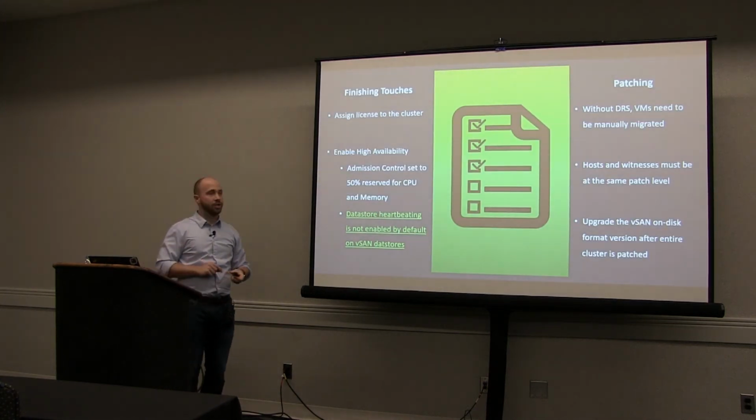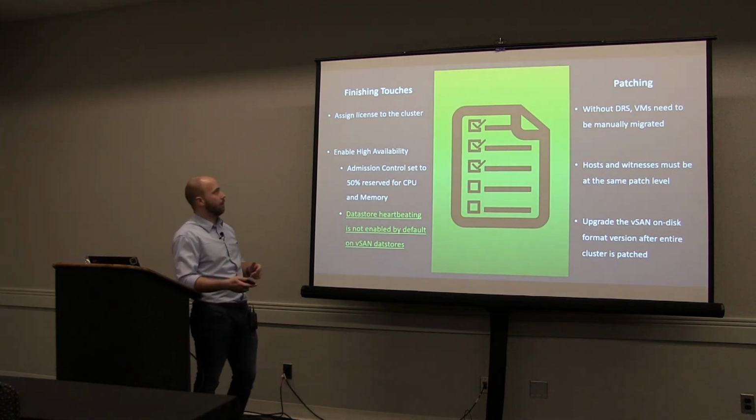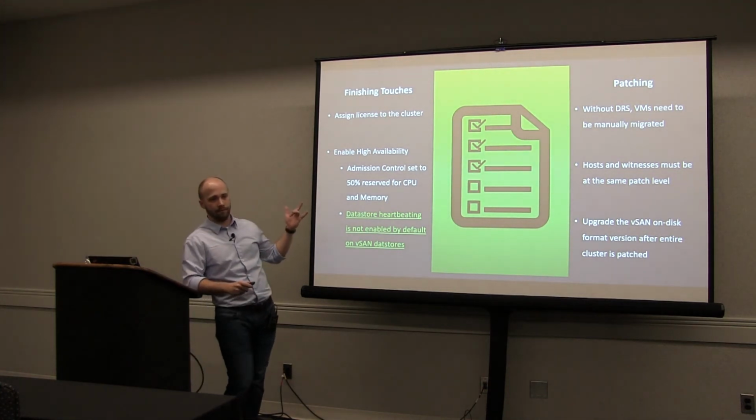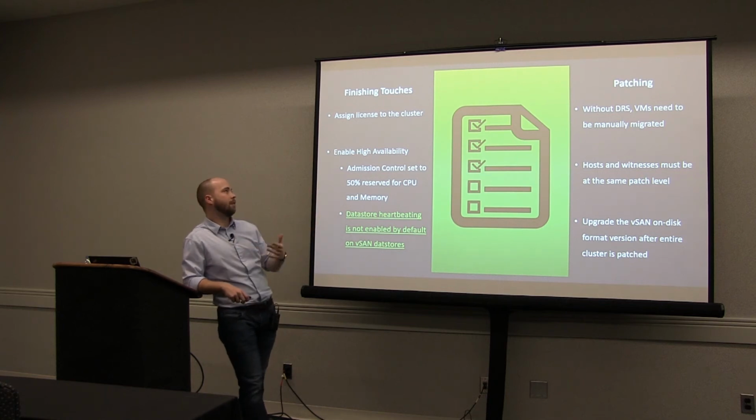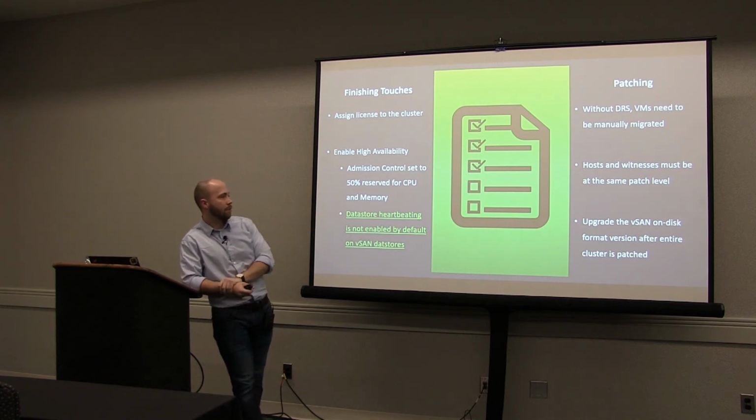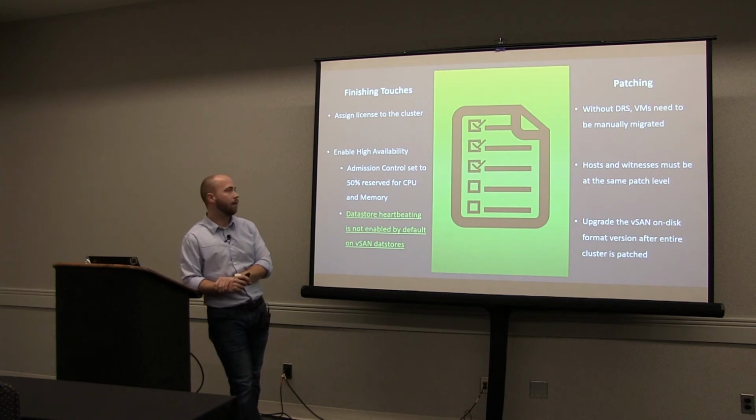Your finishing touches after you did all that are basically, remember, the vSAN cluster has to be licensed separately, but you can't actually assign that license until vSAN is enabled. So once you have all the previous steps done, you're going to want to go back in and assign the license to the cluster. And then here is when you would enable high availability and optionally DRS if you're licensed to do so.